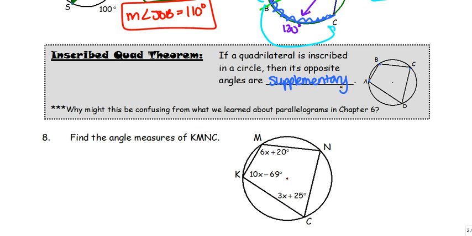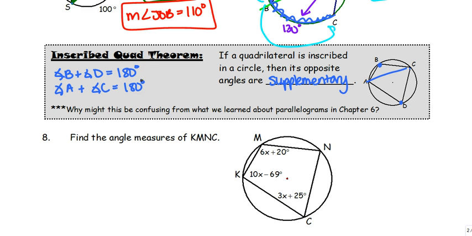So that means B and D are opposite angles. So angle B plus angle D, if they are supplementary, they are going to add up to 180. A and C are opposite, so angle A and angle C, those two angles are going to add up to 180.